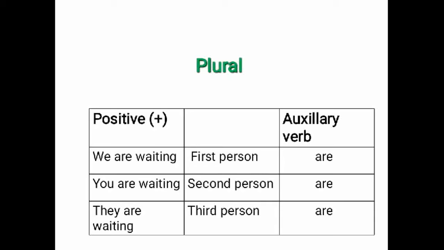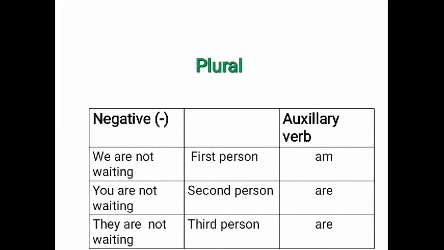We belongs to first person. Next, you are waiting. Plural subject is you. You belongs to second person. Next, they are waiting. Plural subject is they. They belongs to third person. For the auxiliary verb of plural subjects, you have to add always are for first person, second person and third person.